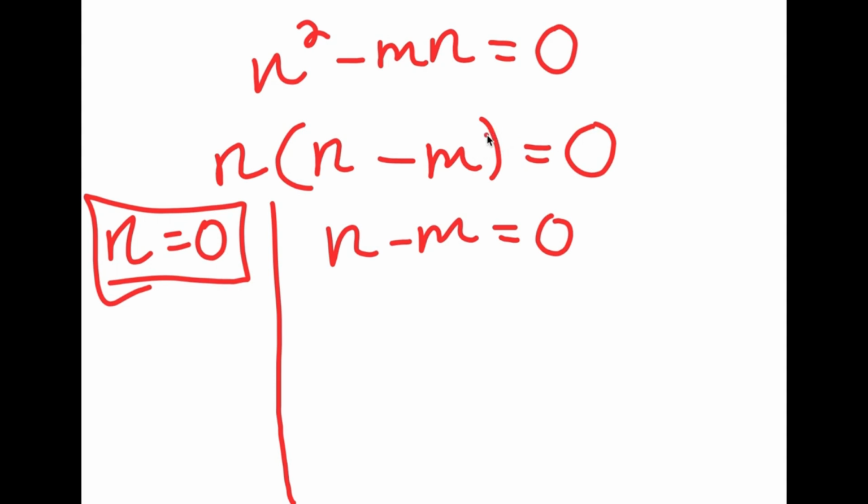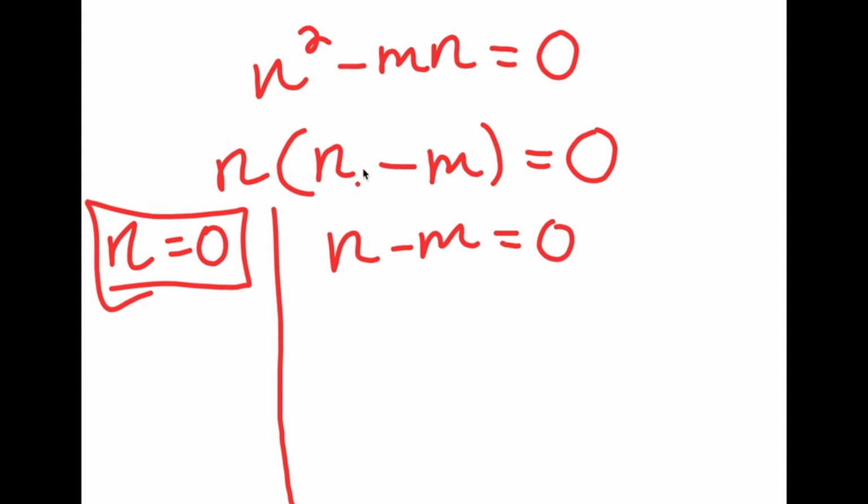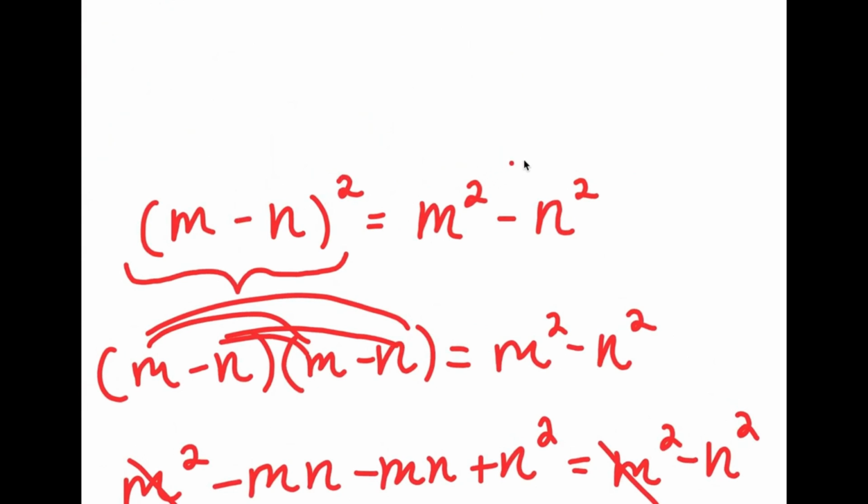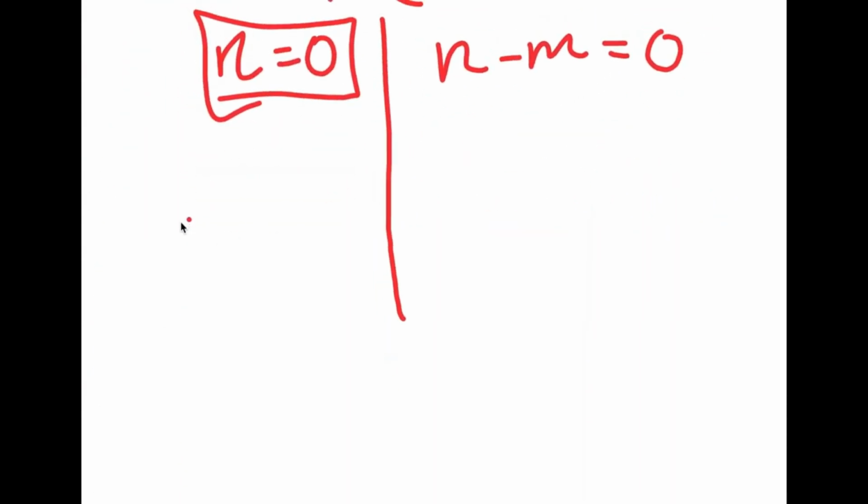Now, going back to our original equation, we have (m minus n) squared is equal to m squared minus n squared.